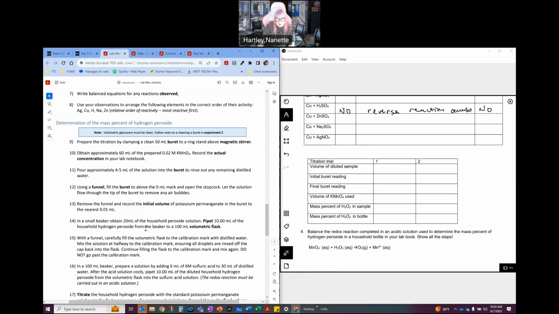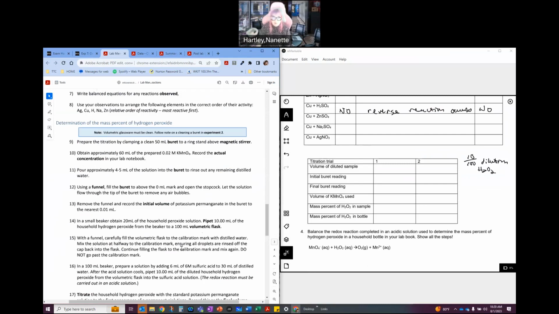In a small beaker, we put 10 milliliters of the hydrogen peroxide solution from the beaker into a 100 milliliter volumetric flask. So we put 10 mL and then dilute to the 100. So we do a 10 to 100 dilution of H2O2. Okay.